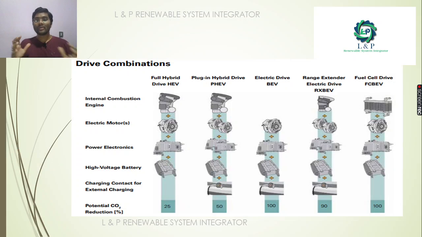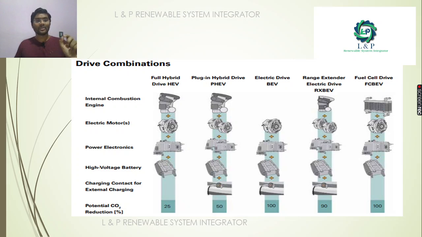Before going inside this, what is HEV, PHEV, BEV and RX BEV or FC BEV, we should know about the combinations, and how the names evolved for these vehicles. Very simple. The first is the full hybrid drive, HEV, that is full hybrid electric vehicle.